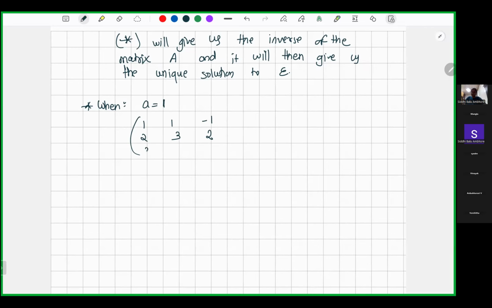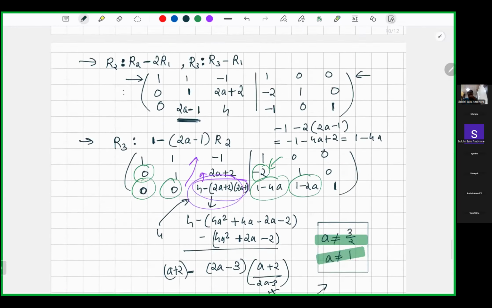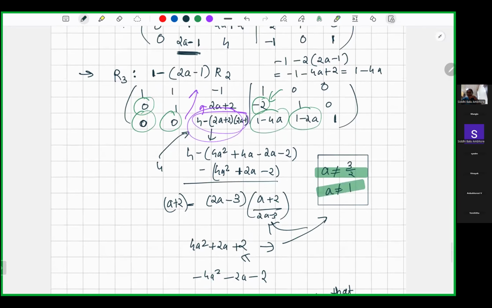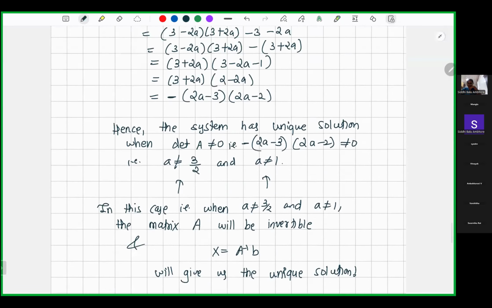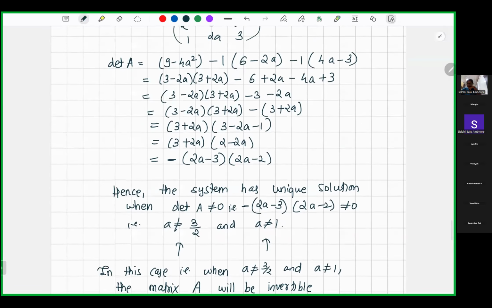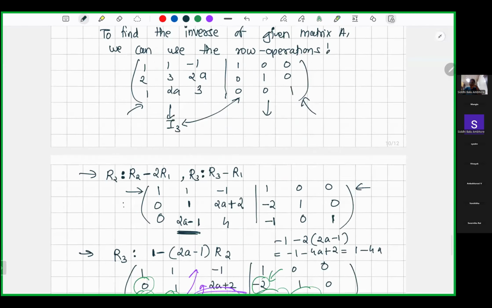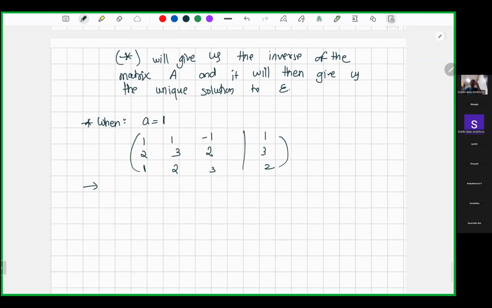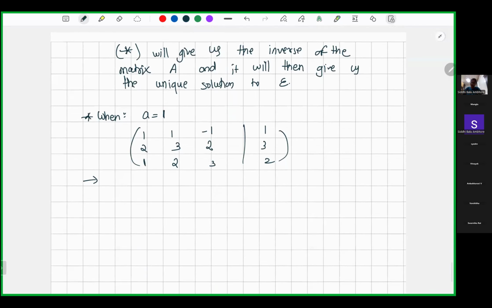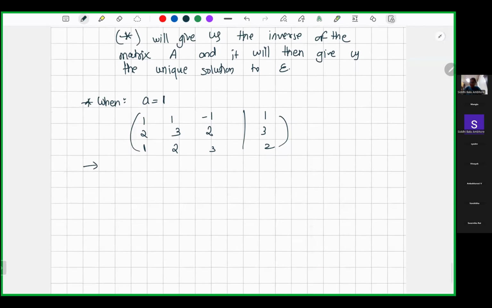And now it is 1, again 2 into 1, that is 2, and 3. And here I am getting 1, 3, 2. Now I will try to solve this system of equations. I hope the calculation I did here was correct. There is no error so far, I assume. That's why I'm choosing A to be 1, and let us see what we get.